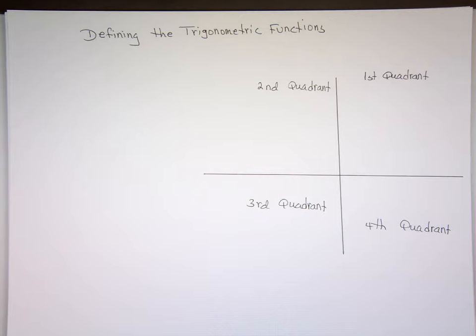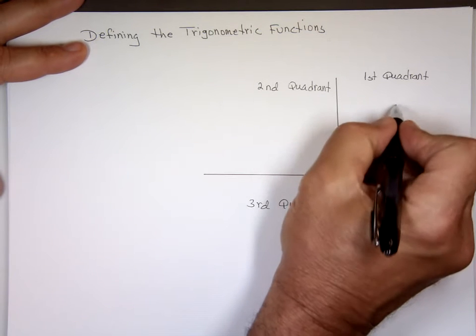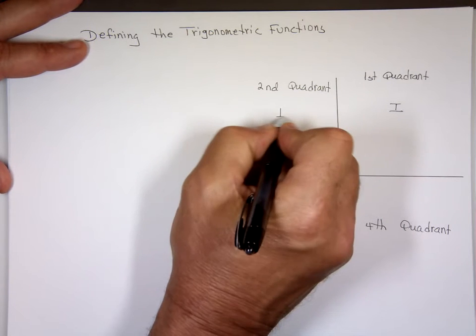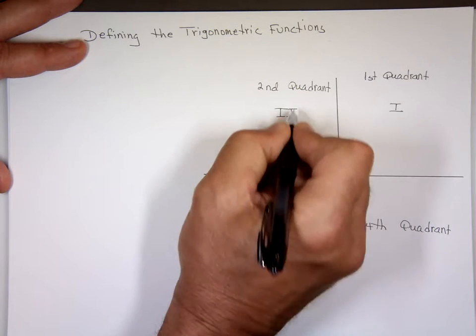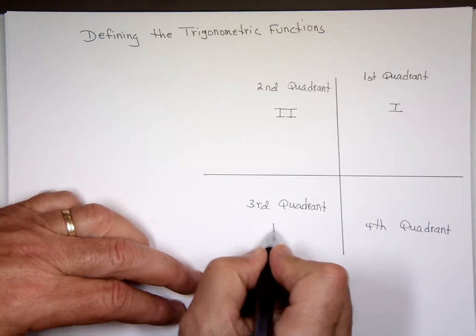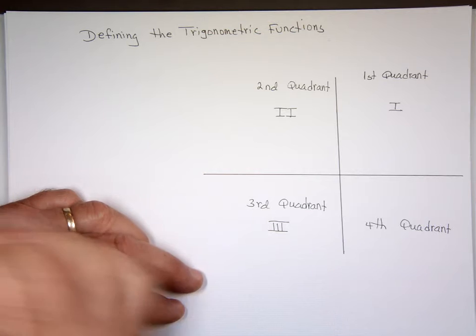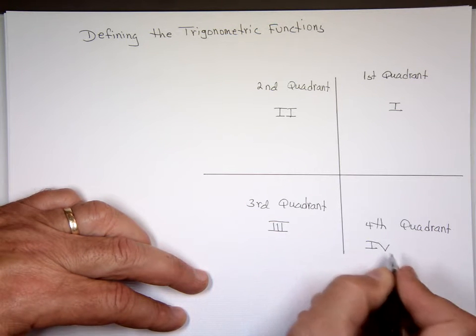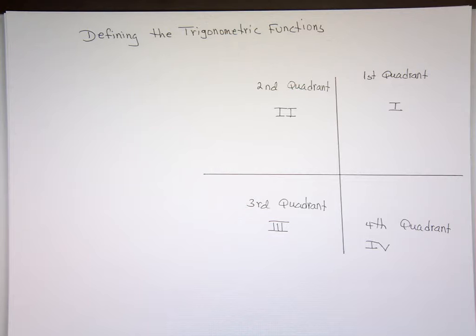Again, we always give them Roman numerals, so the first quadrant is I. I stands for 1. This is II. This is the third quadrant, III. And IV is 4th, that's the fourth quadrant.